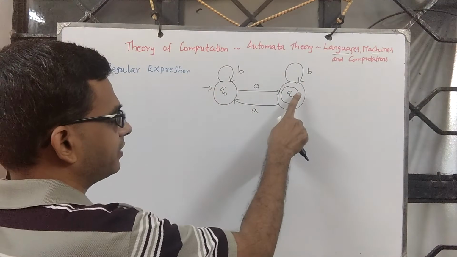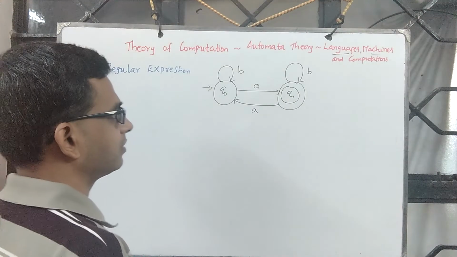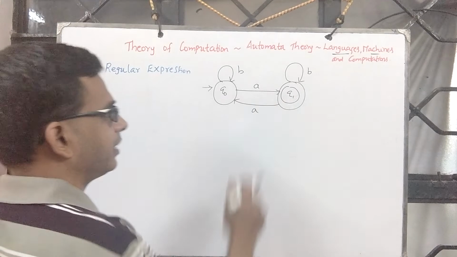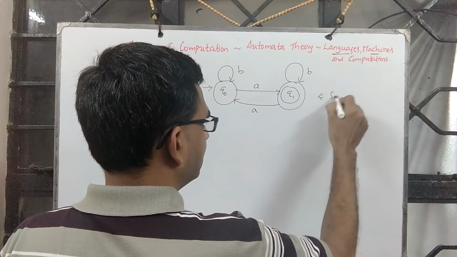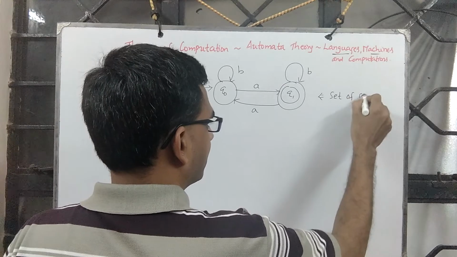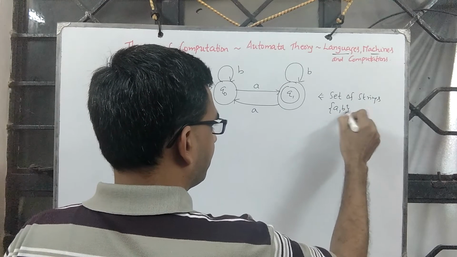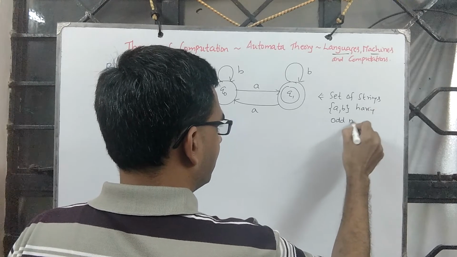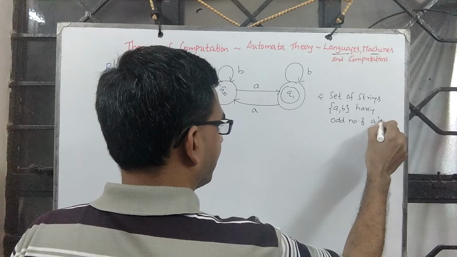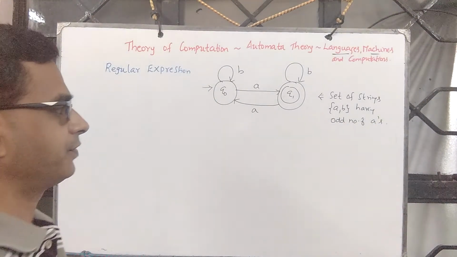Between this b and this b, it reads an odd number of a's, and no control on the number of b's. Therefore the language accepted by this is the set of strings over {a, b} having an odd number of a's, with no restriction on the number of b's.